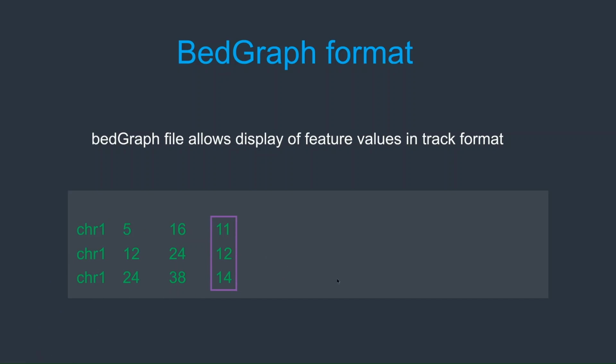A BedGraph file also has a mandatory track line where the type needs to be specified as bedGraph. Other parameters are optional. We can add name, description, priority. In addition, we can add some other parameters to customize the visualization of the tracks.